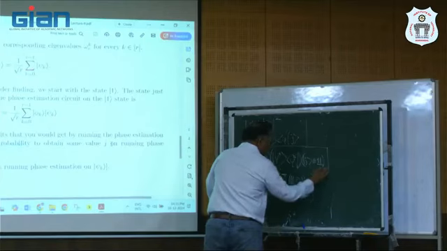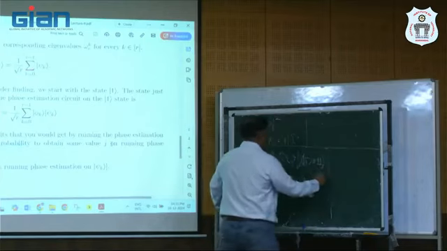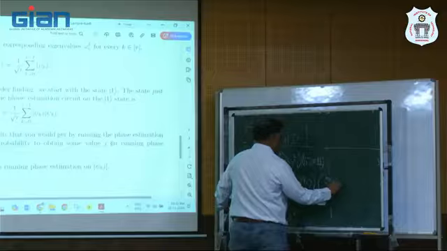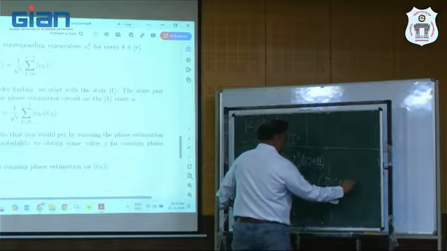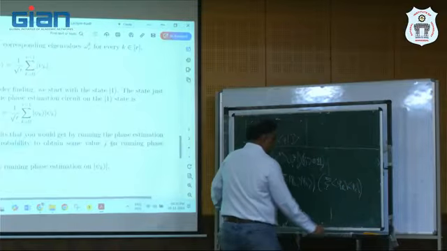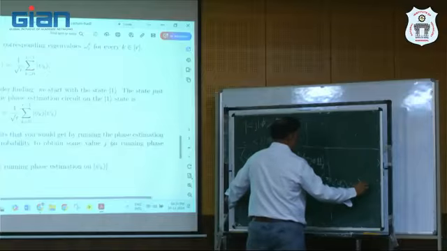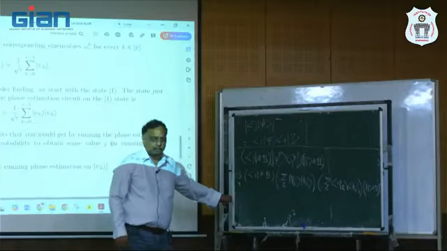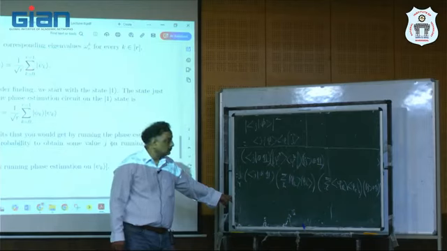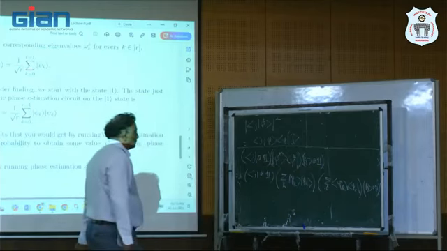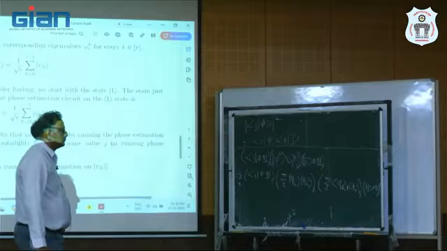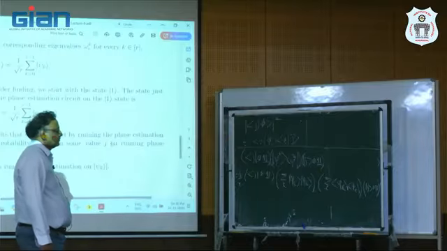Times summation, let's call it L, phi L psi L, correct? Then J tensor identity. Agreed?